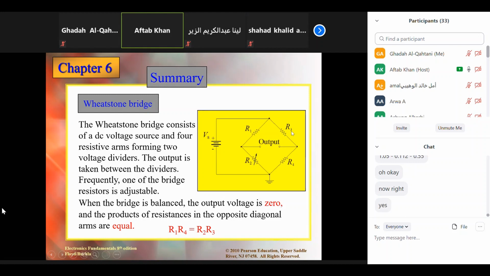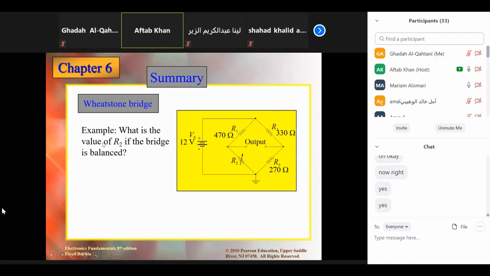Is it clear to all? The balance situation? Yes. Okay, it's simple and easy to understand. Now see one question. What is the value of R2 if the bridge is balanced? R2 times 330 equals R1 times R4. Apply the formula: diagonal multiplications will be equal.